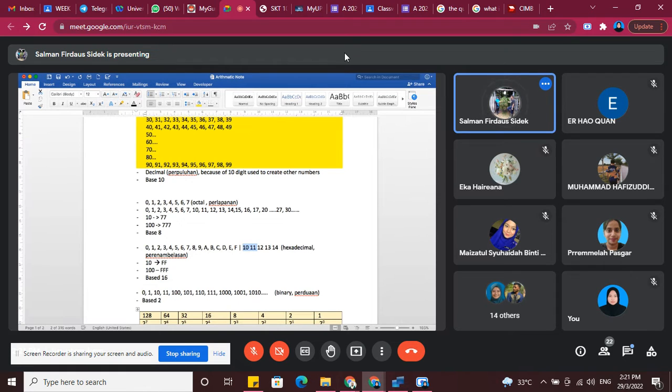And for the double digits, again we start with a combination of 1 and 0, 1 and 1, 1 and 2, 1 and 3, 1 and 4. And then 2 and 0, 2 and 1, 2 and 2, 2 and 3, 2 and 4. And then 3 and 0, 3 and 1, repeated until the last double digit for pental.